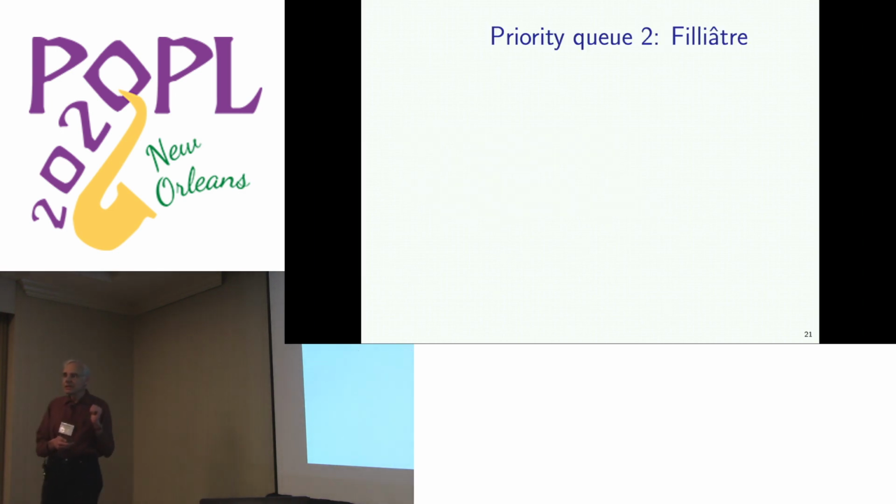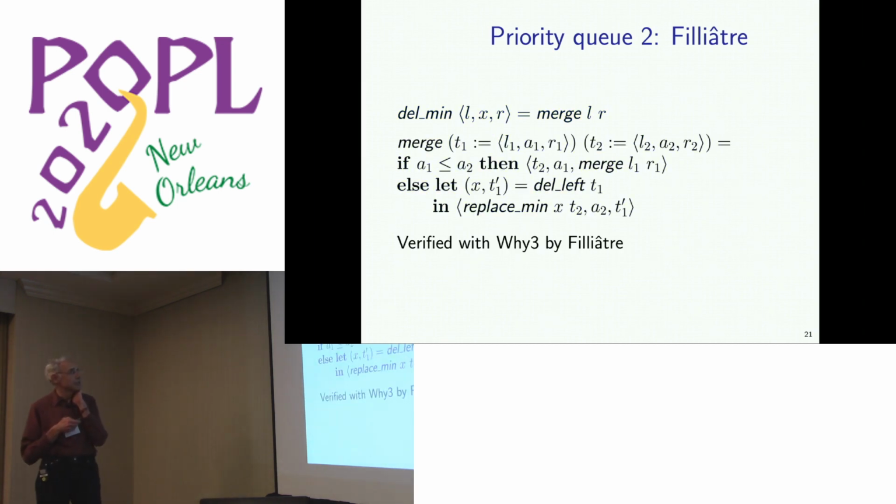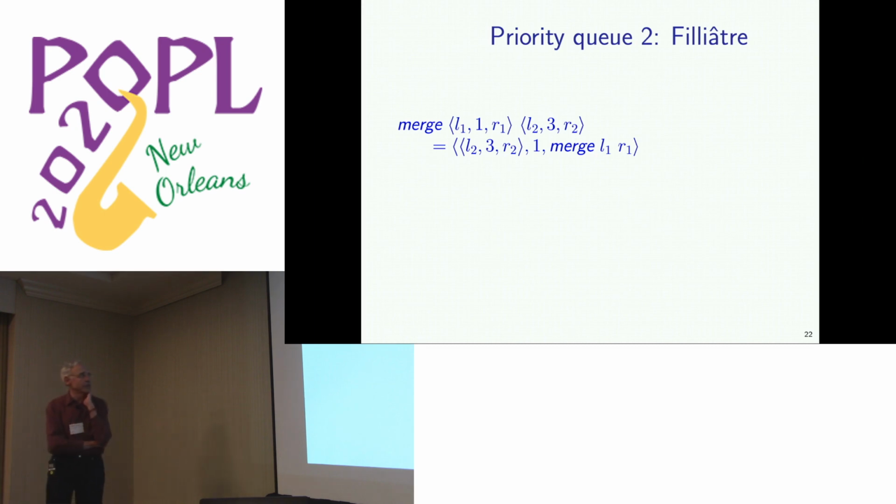There's a slightly different implementation by Filliâtre, which he verified in Why3, and that works like this. It says, okay, you want to remove the middle element, why don't you just merge those trees? So he has a recursive merge function. Again, we don't want to look at all the details, but let's look at the two characteristic cases. This is the nice case.